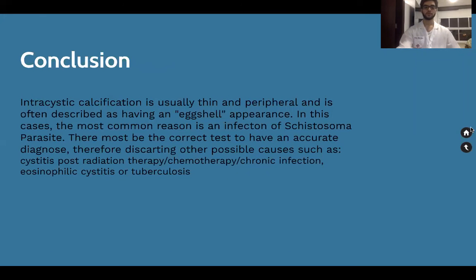There must be the correct test to have an accurate diagnosis, therefore discarding other possible causes such as cystitis post-radiation therapy, chemotherapy, chronic infection, eosinophilic cystitis, or tuberculosis. By having this differential diagnosis, we have a better chance of treating the patient and therefore giving them a solution to their state. Thank you.